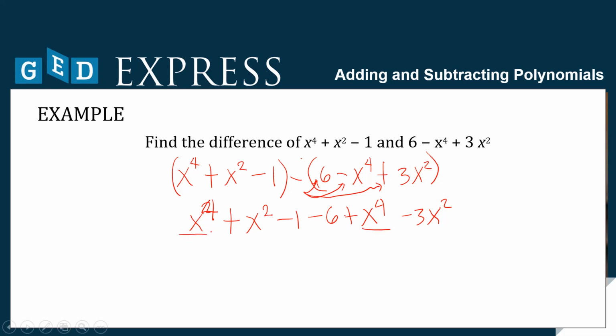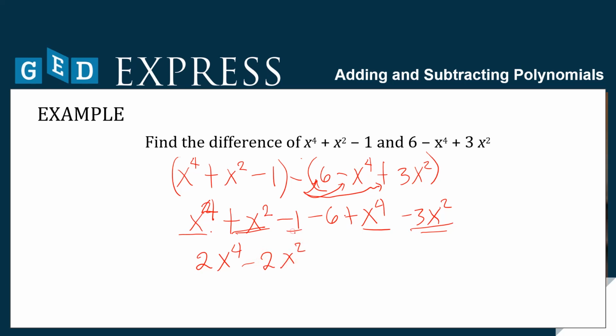Okay, x to the power of 4. Even though it's only a variable, it always has a coefficient of 1. So 1 plus 1, we have 2x to the power of 4. Then 1 minus 3, we have minus 2, then copy x to the power of 2.